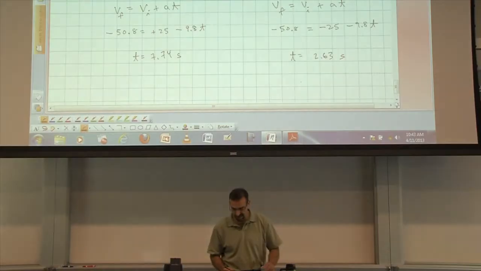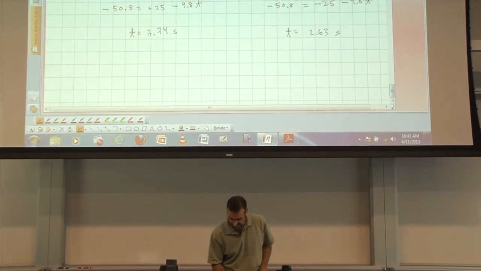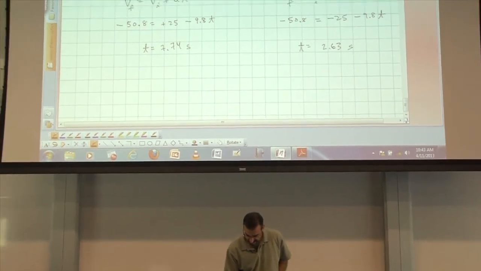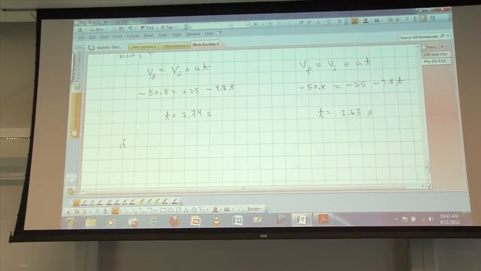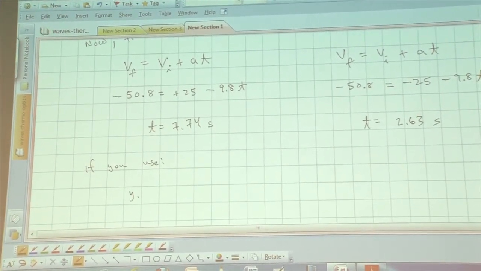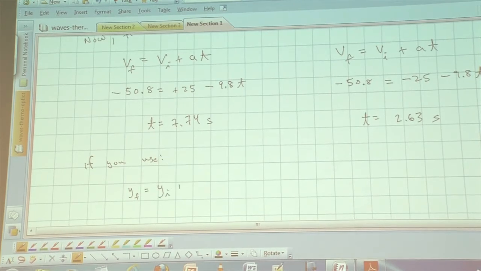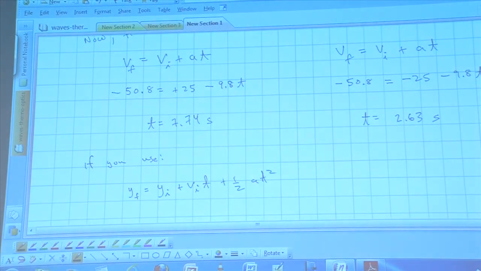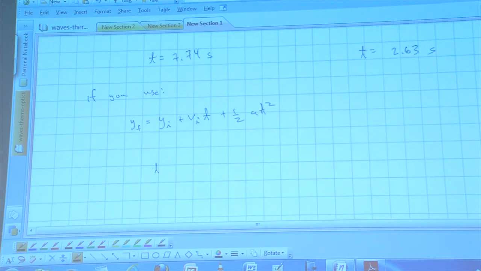Let's look at that. If you use the quadratic, so that would be y final is y initial plus v initial t plus 1/2 a t squared. You end up with t is equal to, for case 1, a negative 2.64 seconds and a positive 7.74 seconds.